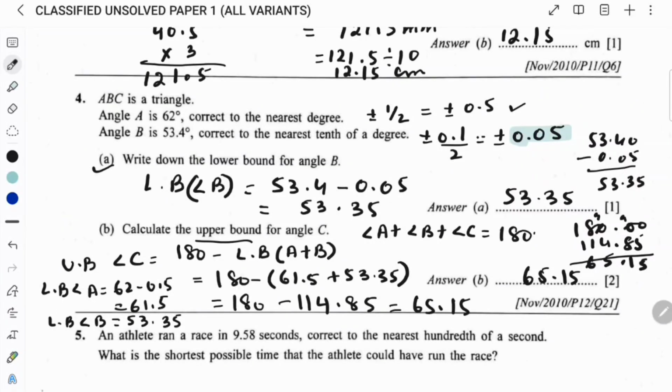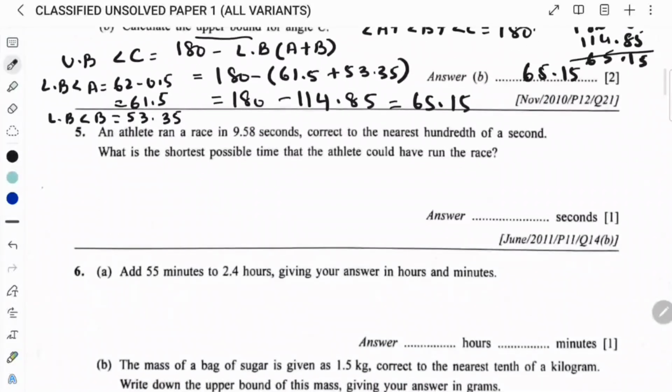All right, the next question, number 5. An athlete ran a race in 9.58 seconds, correct to the nearest hundredth of a second. Hundredth means 0.01, divided by 2 is 0.005, which you add and subtract.